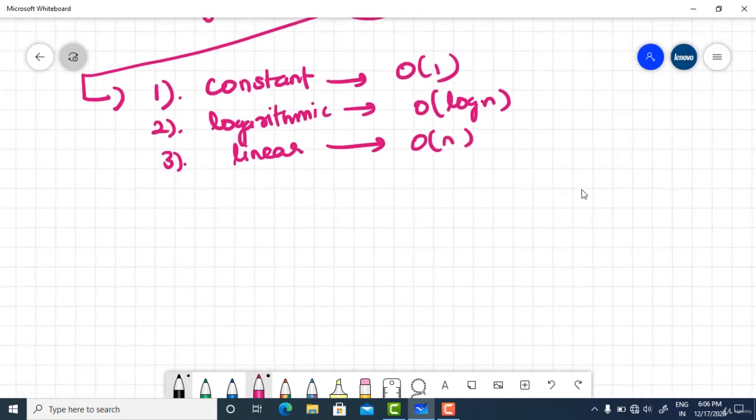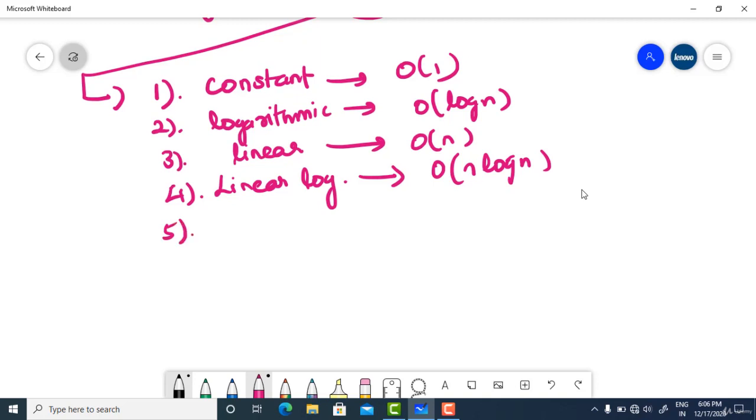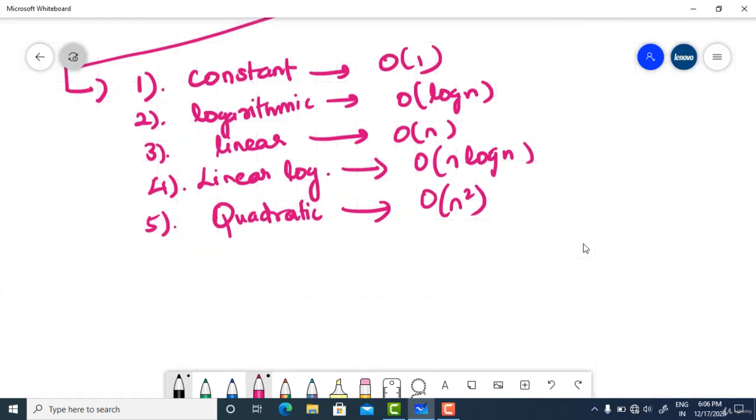Fourth one is, let me go for linear logarithmic, which is O of n log n. Fifth one is quadratic, which is not a good time complexity, guys. Quadratic time complexity is not so desirable, right?